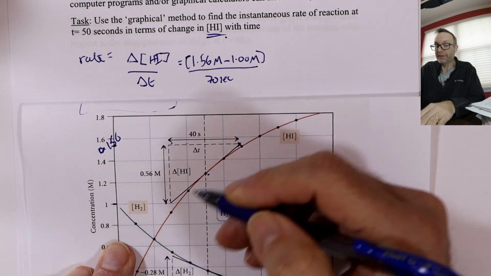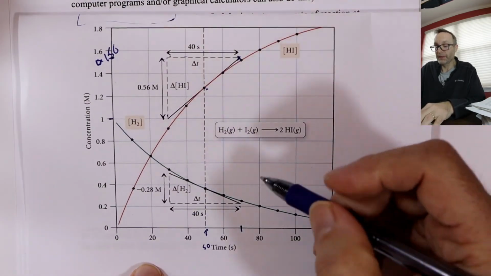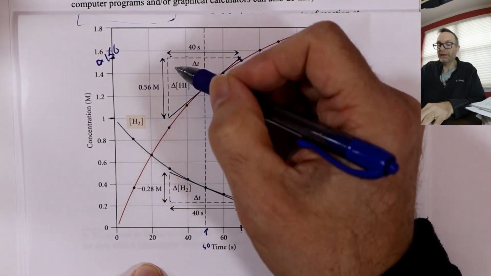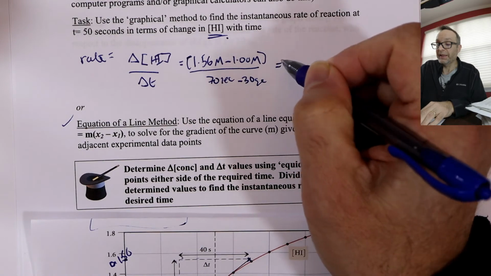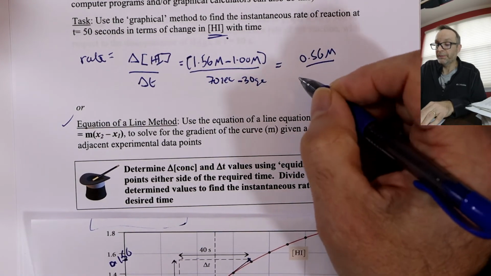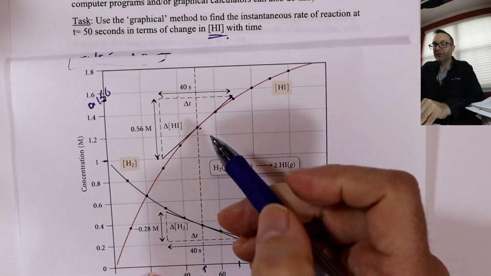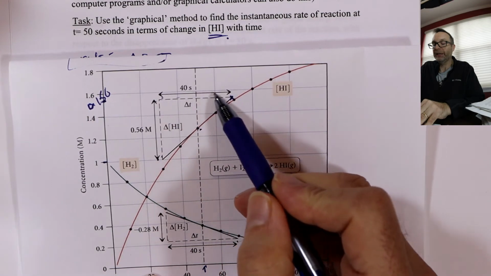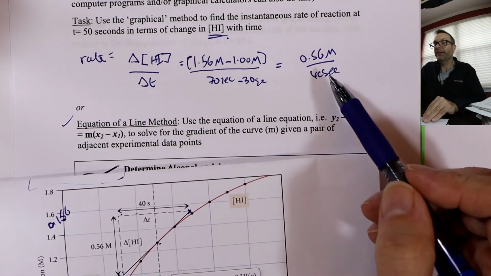Initial time looks like 30 seconds. Move that up so you can see it. So it comes down here, 70, 30. Difference between 70 and 30 is 40, right? So that equals 0.56 molar over 40 seconds. And those are the two numbers that they've actually put on the scale. So it's 40 run, 0.56 rise. There it is.